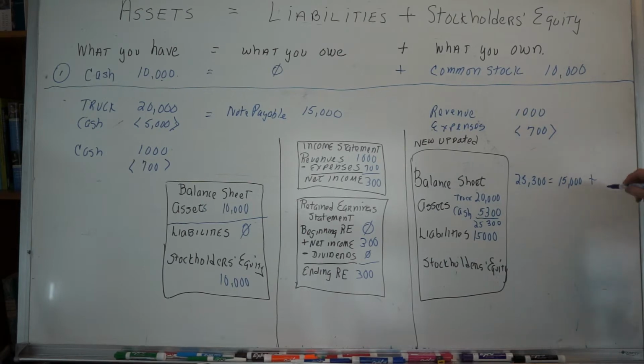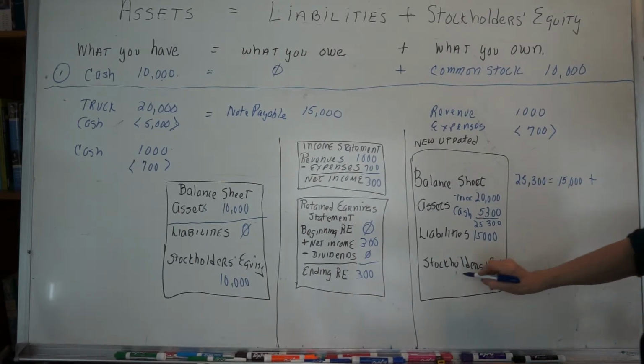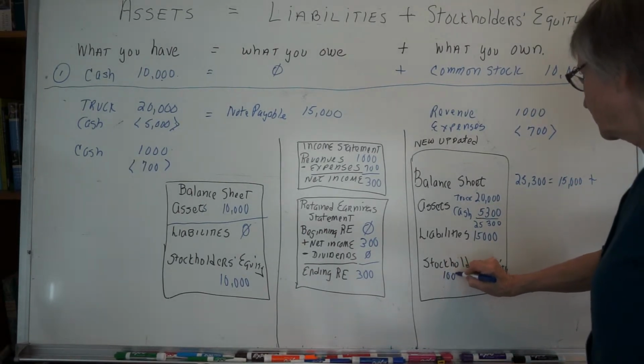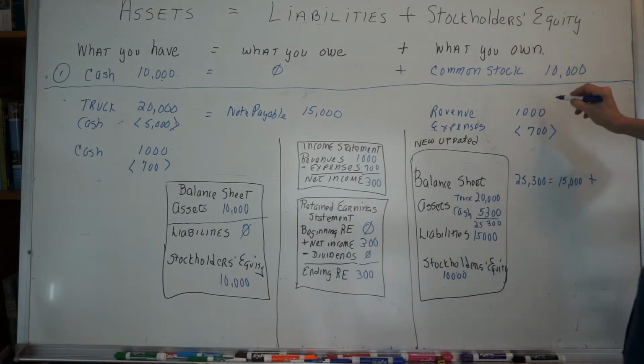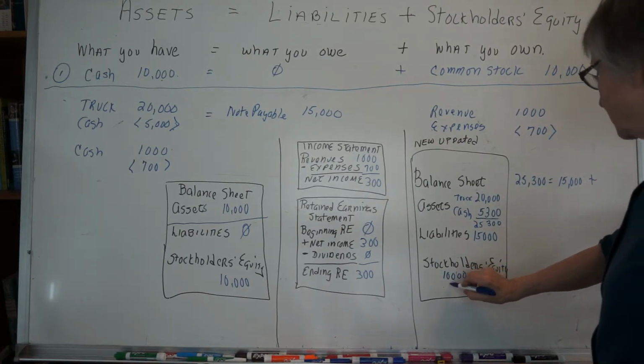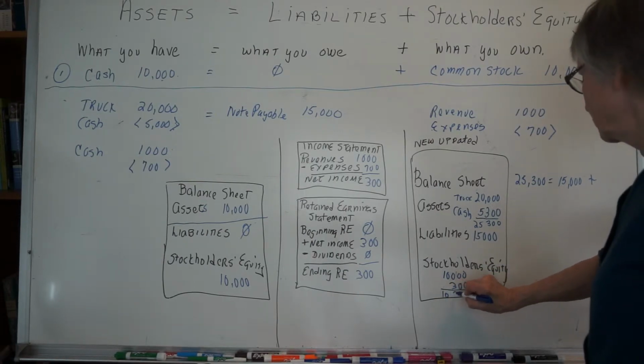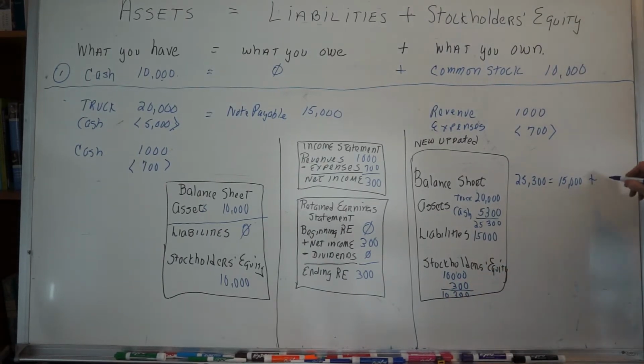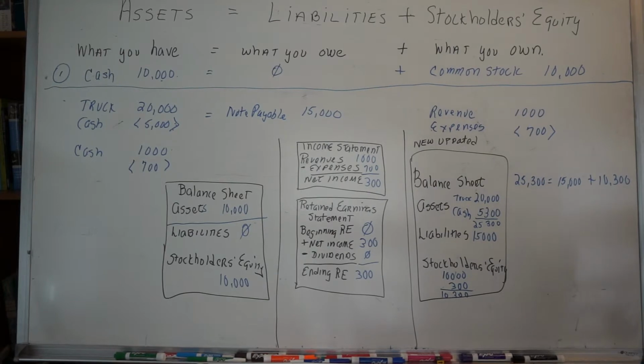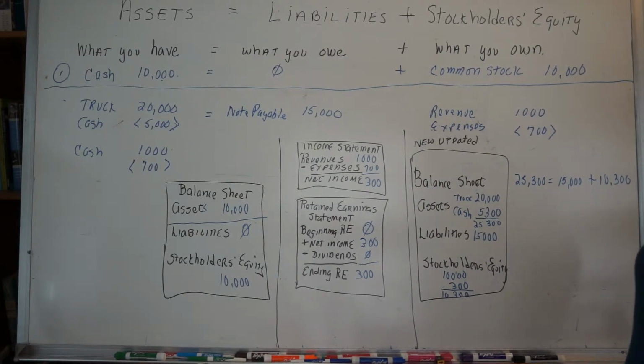So our stockholders' equity, we have the common stock for 10,000, right, from here. And then we've got our retained earnings of 300. So that's a total of 10,300. So if we go 15,000 plus 10,300, 25,300, oh my goodness, it worked. Isn't that amazing? Okay? I'm just trying to give you a general sense of how this works.